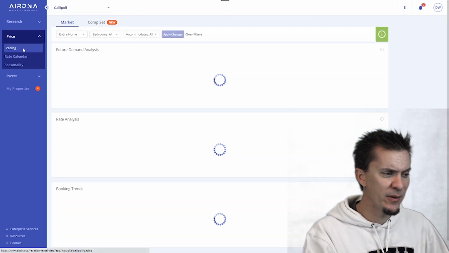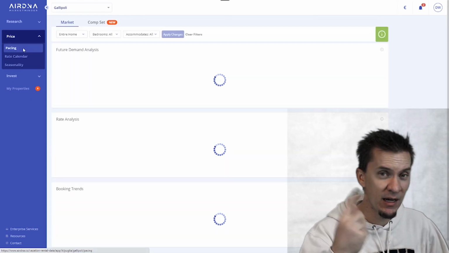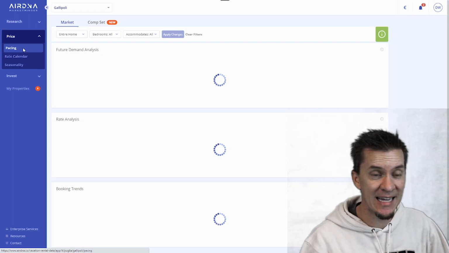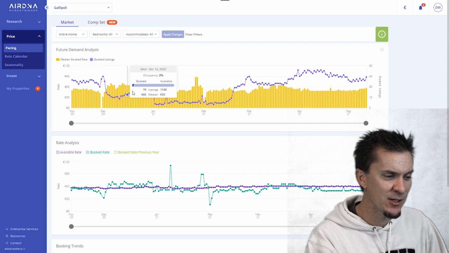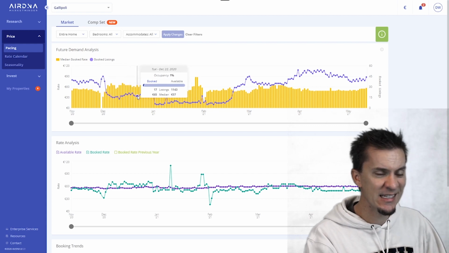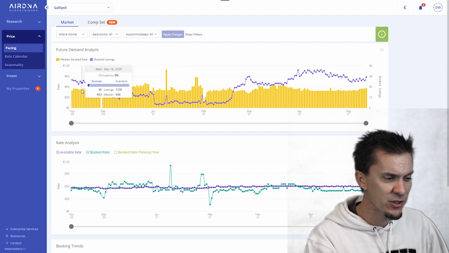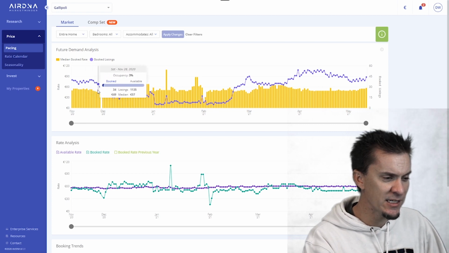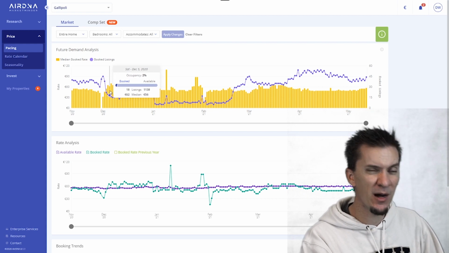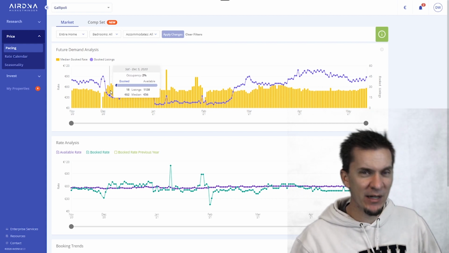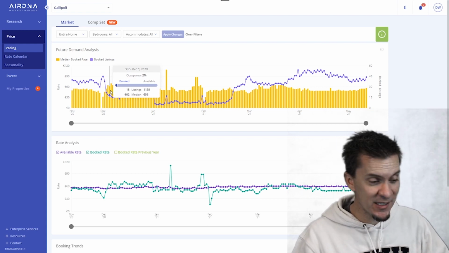Okay, so hopping down onto the price section here, we have three options: pacing, rate calendar, and seasonality. In this future demand analysis, it starts with today, and it shows the median booked rate against the booked listings. So it's showing, well, the booked listings were actually a lot higher than the median rate for November, and that's probably because people are like, I have been locked in all this time, I want to go. That's the way I see it.